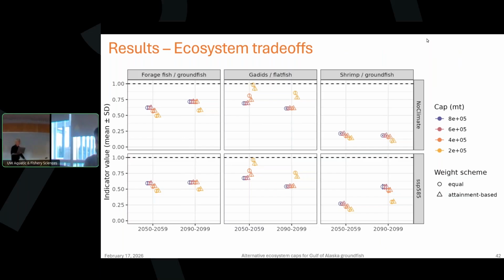I'll breeze through this, but maybe the only thing to showcase in this slide is in the middle panel. The middle column is really one of the few places where your catch cascading scheme has an effect. So basically, of course, if you're prioritizing your flatfish over your gadids catch, you're going to have less gadid biomass in the system.